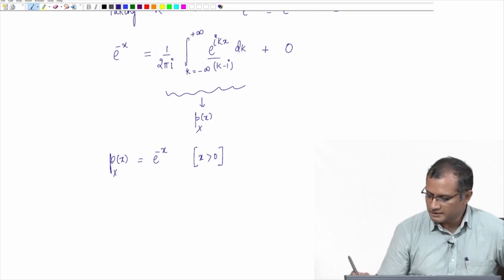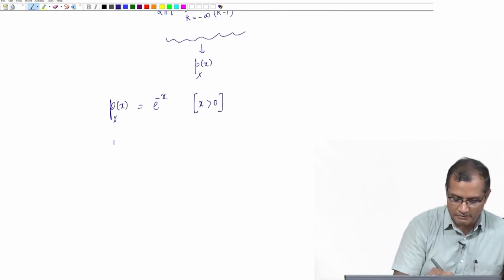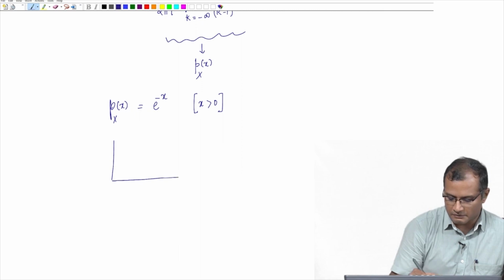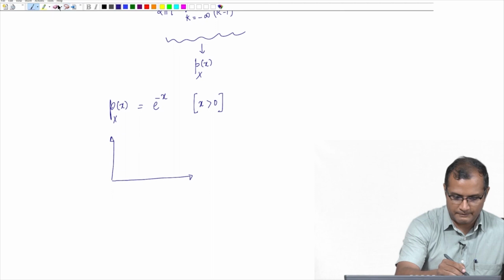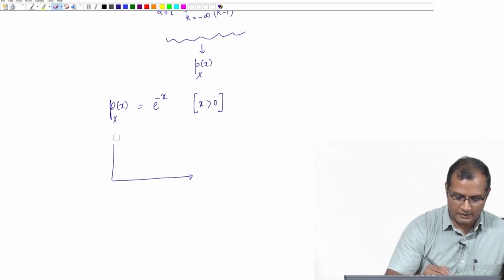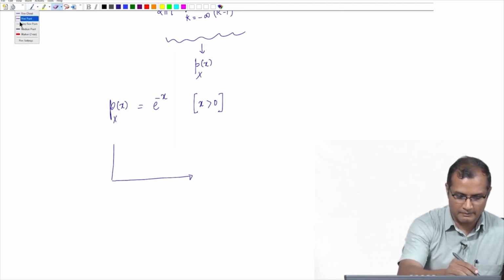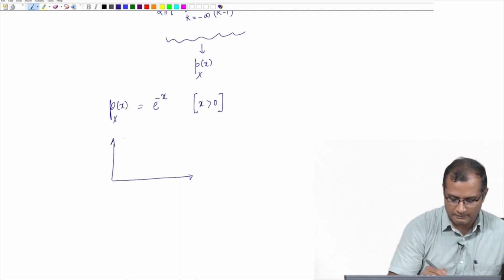You have an exponentially distributed variable, and let me sketch it for you before we end this discussion. This is a p of x.